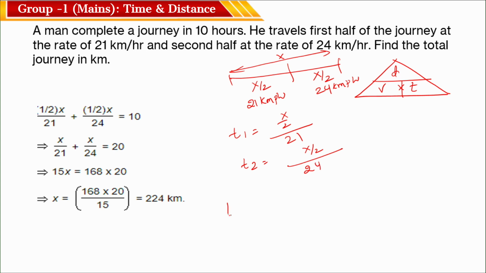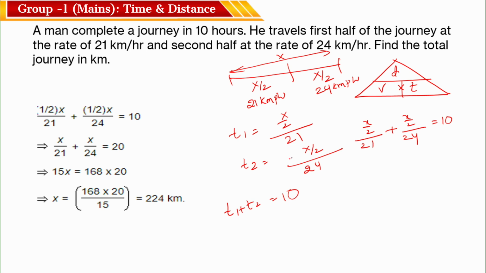As you know, t1 plus t2 is given as 10. Now we use the same: x by 2 by 21 plus x by 2 by 24 equal to 10.